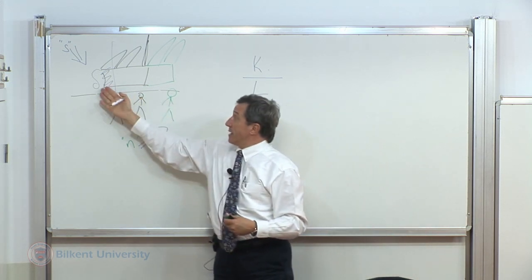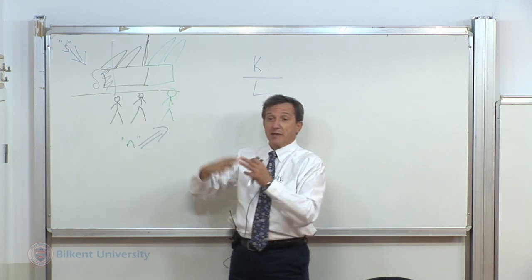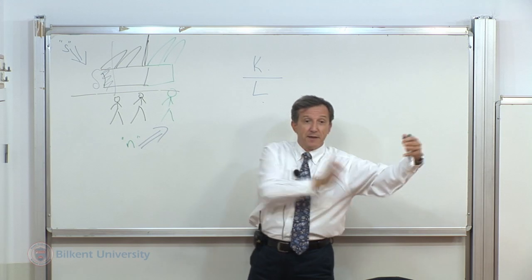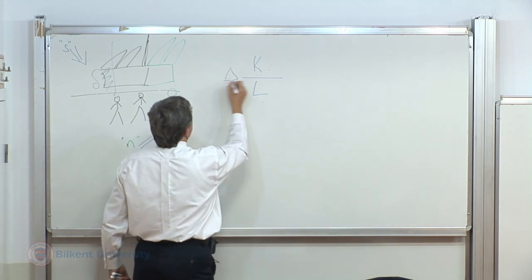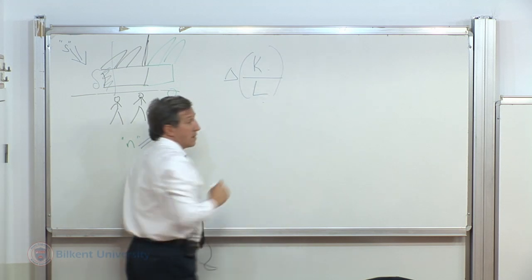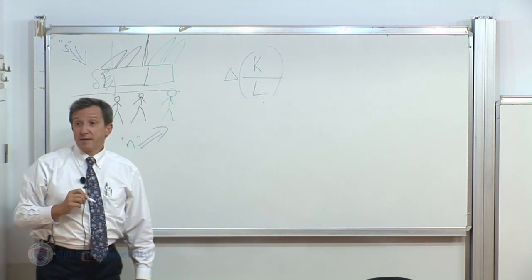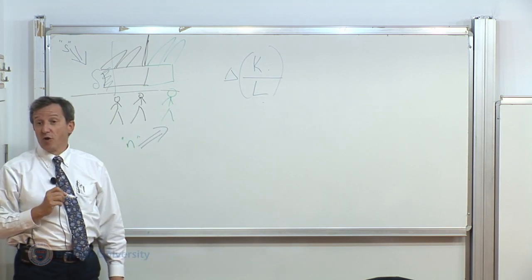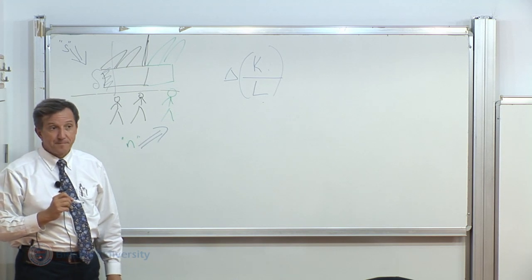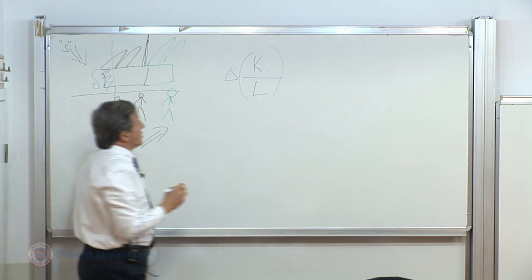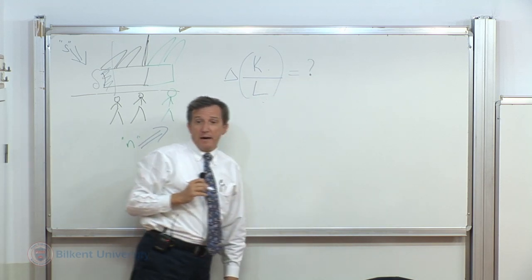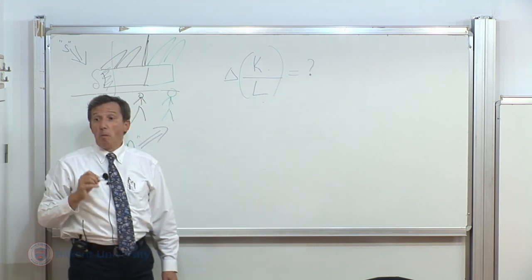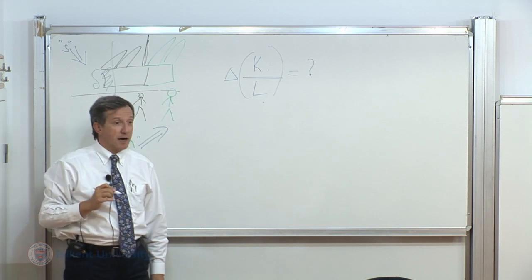And since I am in a setting where this capital is expanding, depreciating, so on and so forth, my question is, how do I get the change in capital-labor ratio over time? How does capital per worker change in this economy?